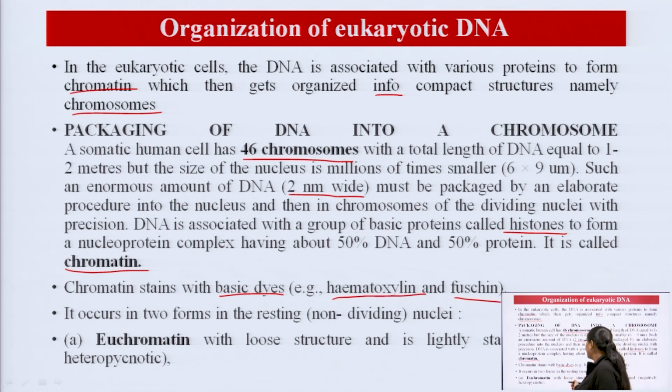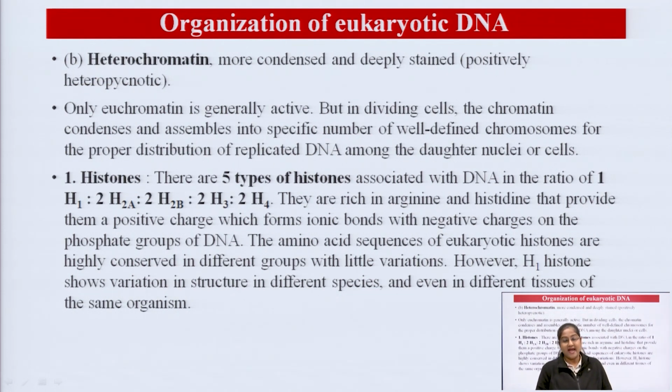It occurs in two forms in the resting, non-dividing nucleus. First is euchromatin, with a loose structure that is lightly stained, that is negatively heteropyknotic, and the other one is heterochromatin, which is more condensed and deeply stained.